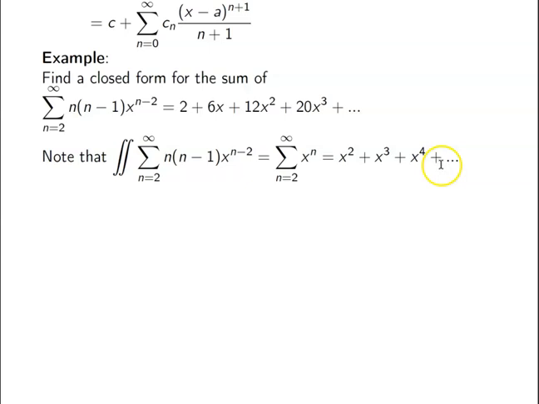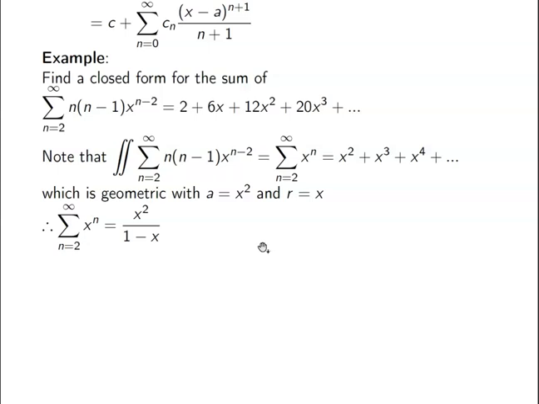Okay. So I know that this is what I get when I integrate it twice. I noticed it was geometric in form. So I found the sum of the series, right? I got this. But remember, this isn't what I was looking for. Okay. This isn't my series. This is my series, not this.